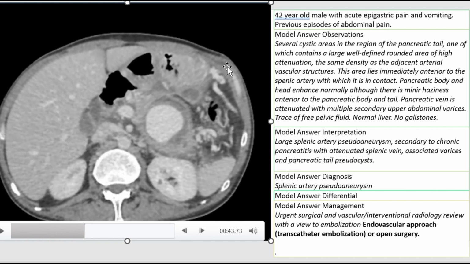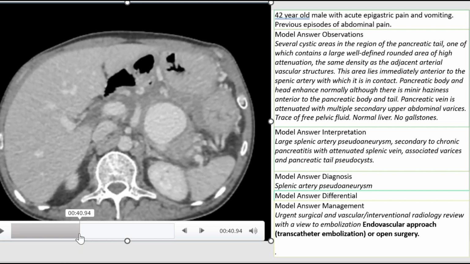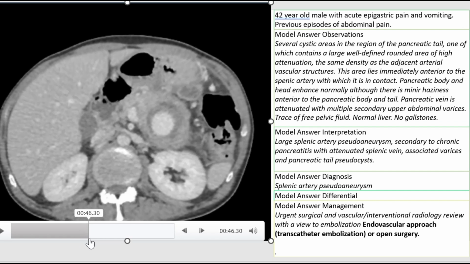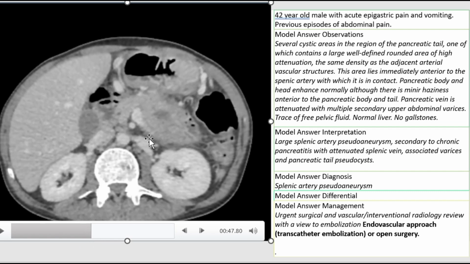All of these are varices. Maybe splenic vein varices, okay? Because the splenic vein here is attenuated and maybe obstructed.